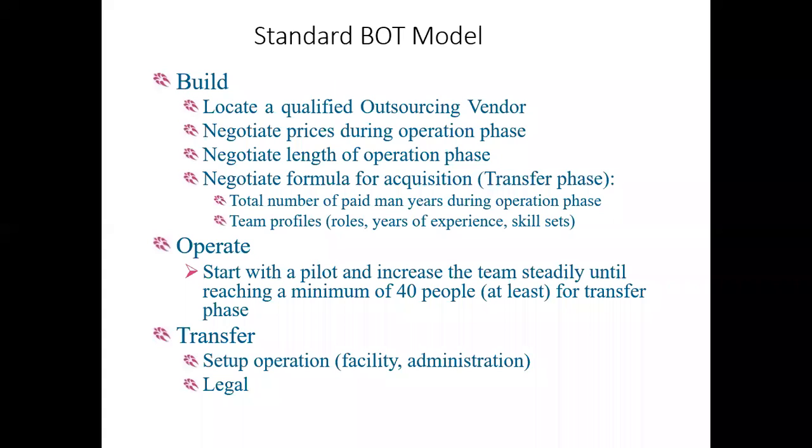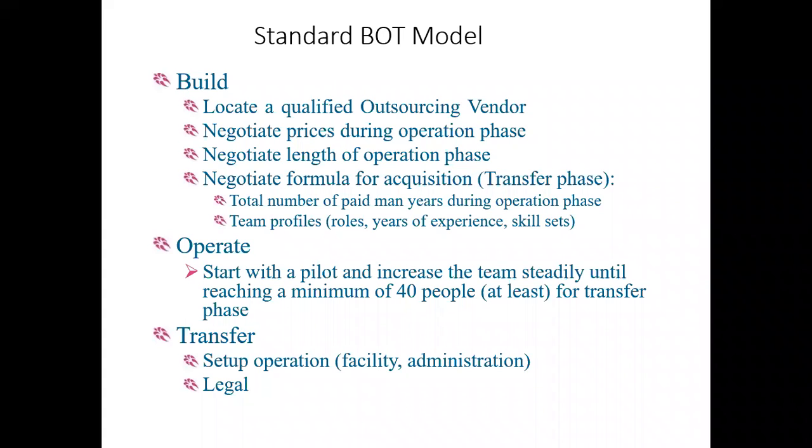So for 3 shifts, 30 people are required, and if 30 people are getting near about 15,000 or 20,000 as salary per month, then 30 into 20, so 6 lakh rupees per month salary, and 6 lakh rupees into 12, near about 72 lakh rupees is required per year as salary.